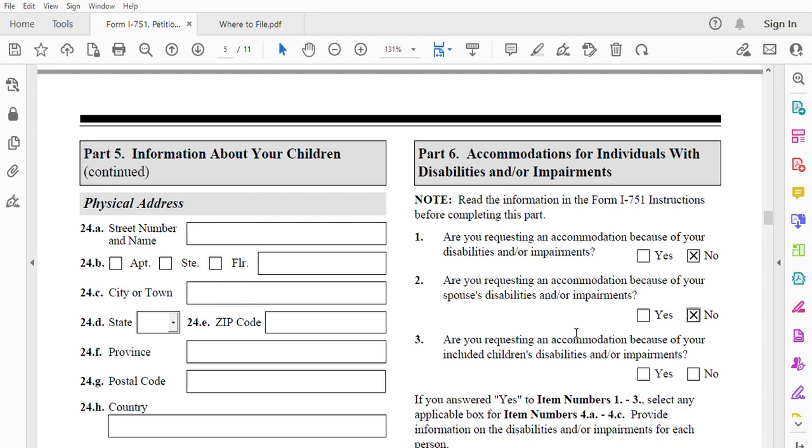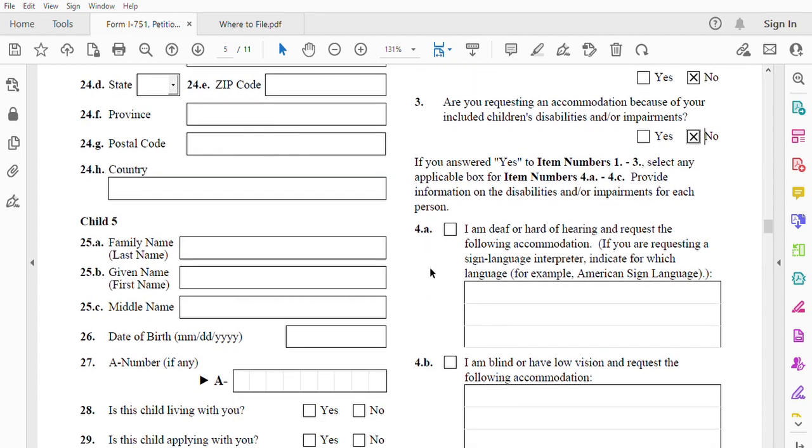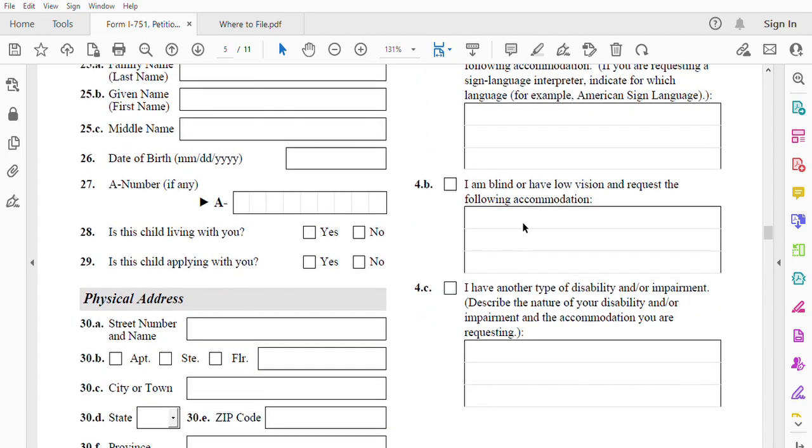No. Are you requesting an accommodation because of your included children's disabilities or impairments? No. If you answer yes to items 1 to 3, you have to provide more information for A, B, and C. In my spouse's case, all of them are no.